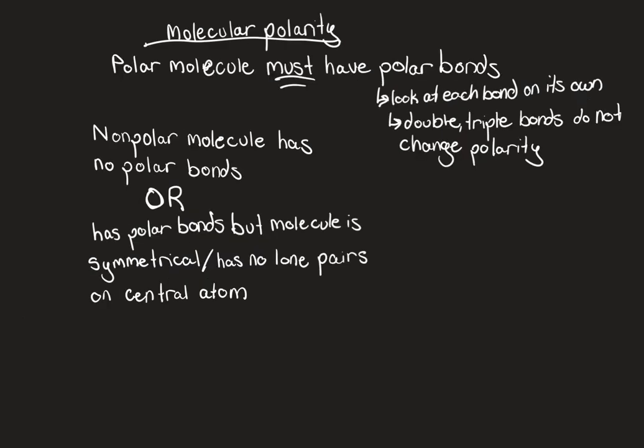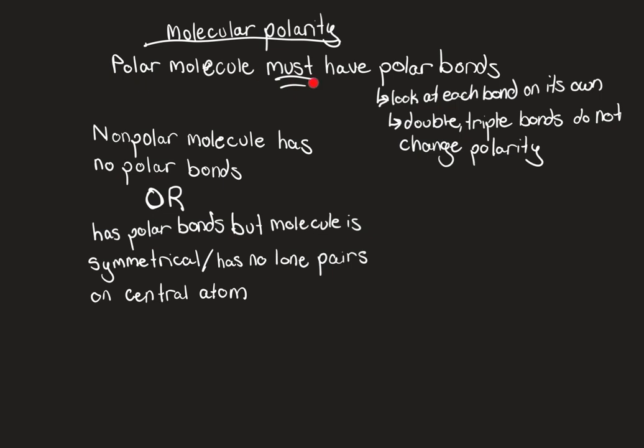So we like to look at molecular polarity. Is the whole molecule polar or non-polar? In order to have a polar molecule, you have to have polar bonds. So we look at each bond on its own, like the CCl2F2, we look at each bond separately.